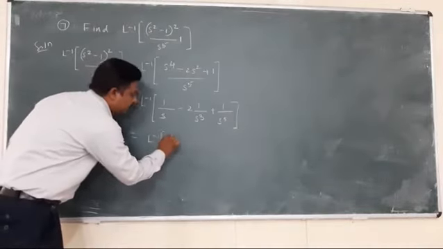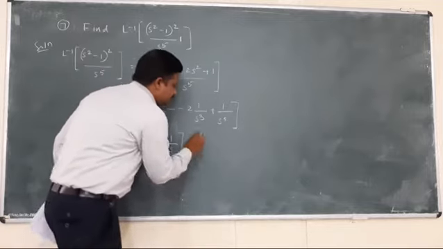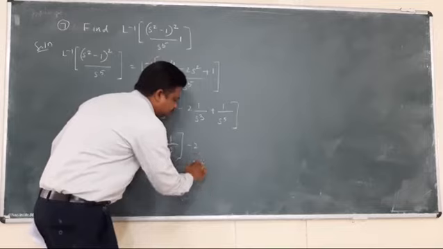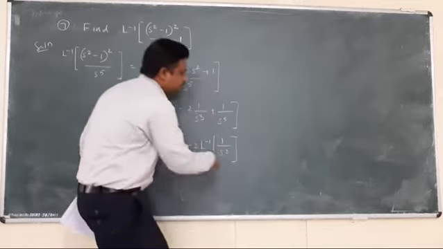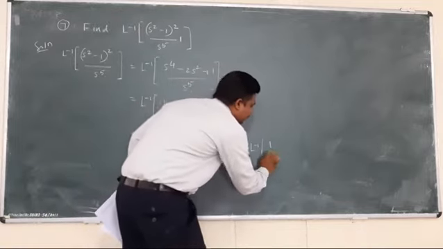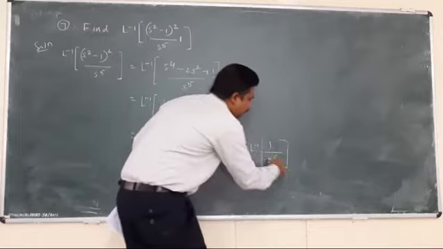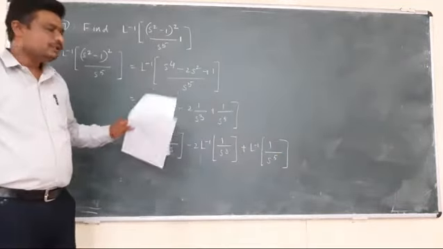L inverse of 1 upon s, minus 2 into L inverse of 1 upon s cube, plus L inverse of 1 upon s to the power of 5. Now all the terms are in the standard form.